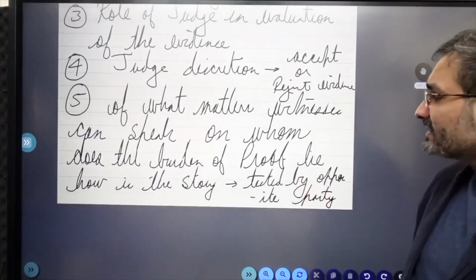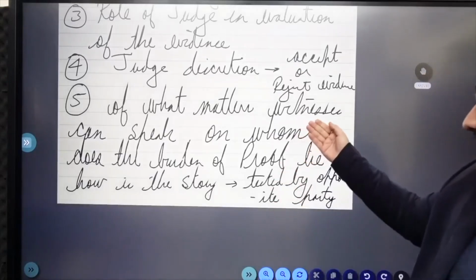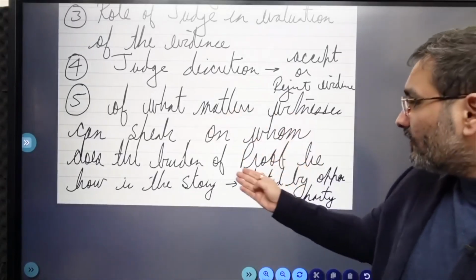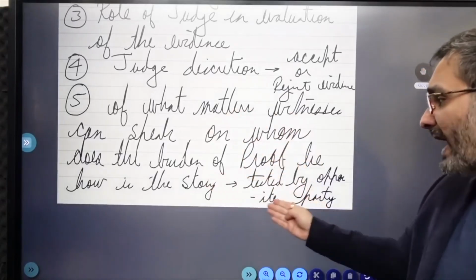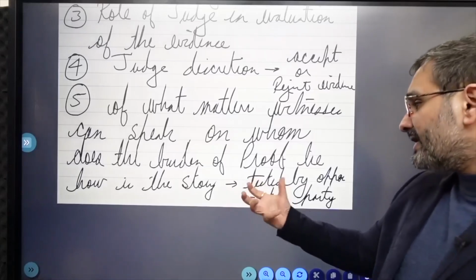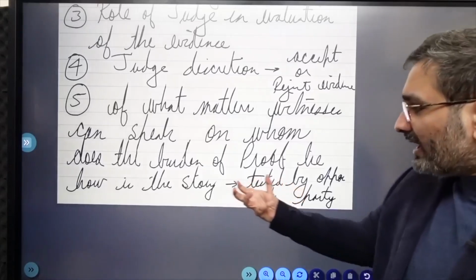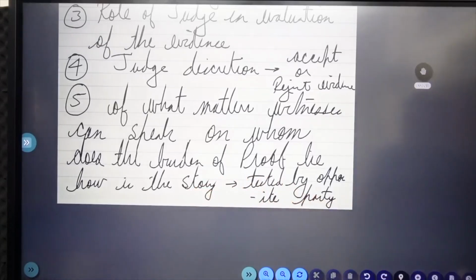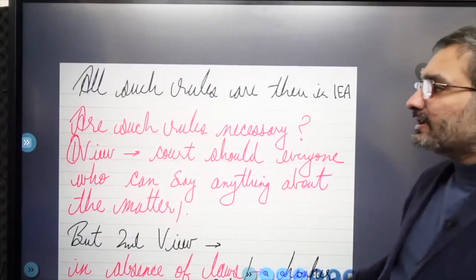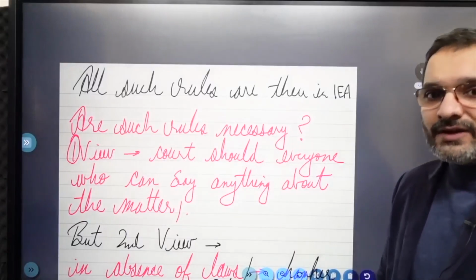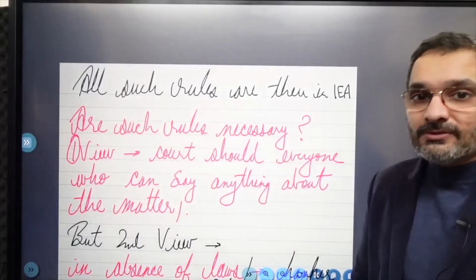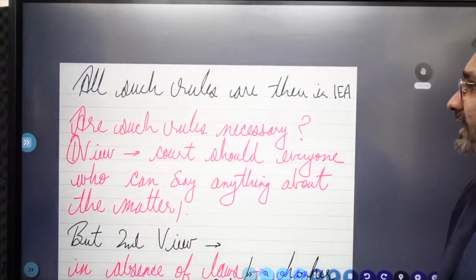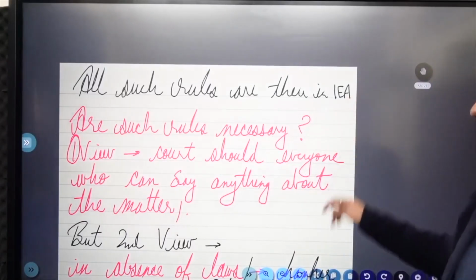Of what matters witnesses can speak, on whom does the burden of proof lie, how strong is the evidence, how will it be tested by the opposite party, by cross examination, examination in chief, etc. तो evidence जो सामने वाला भी लेकर आ रहा है उसकी भी तो scrutiny करनी पड़ेगी. All of this is under the Indian Evidence Act.